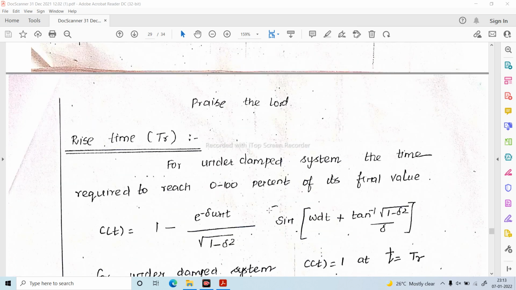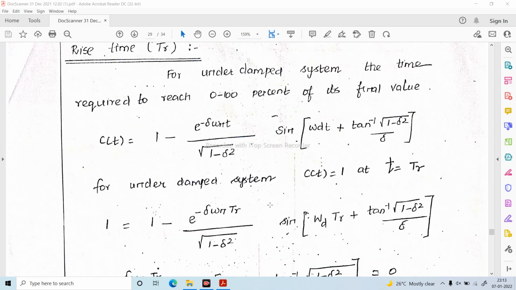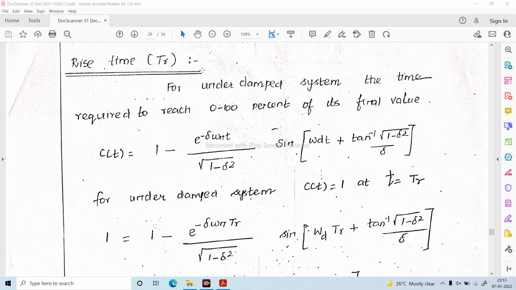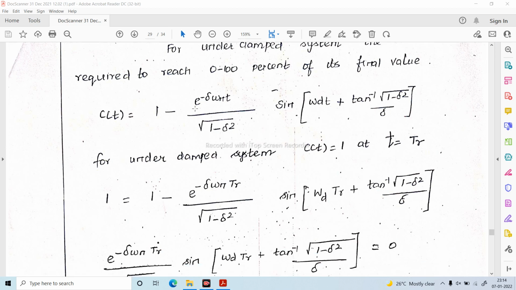Next, I am going to explain the rise time derivation. For an underdamped system, the time required to reach 0 to 100% of the final value. C of t, once again we write, 1 minus e power minus delta omega n into t divided by square root of 1 minus delta square, into sine of omega d t plus tan inverse square root of 1 minus delta square divided by delta.